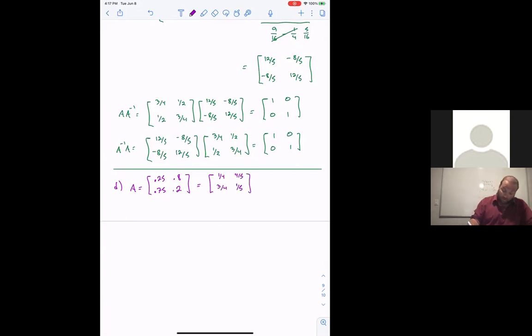Decimals are awkward, go to fractions instead. So what is A inverse? Well, those switch, 1/5 and 1/4. Those change sign. And then we divide by 1 over 20 minus 12 over 20, which is negative 11 over 20.